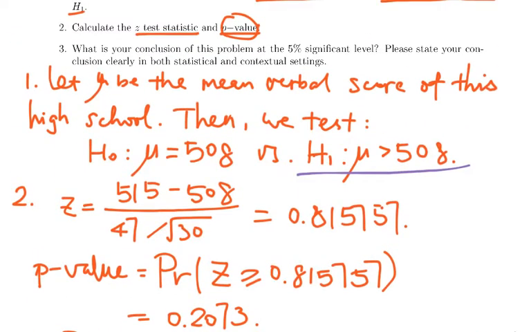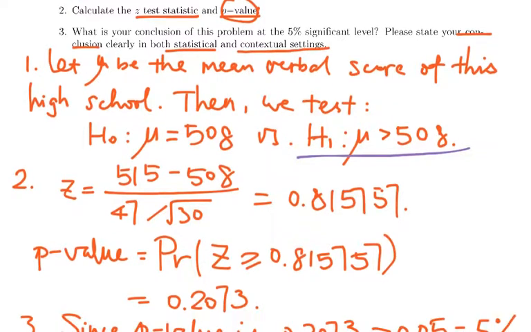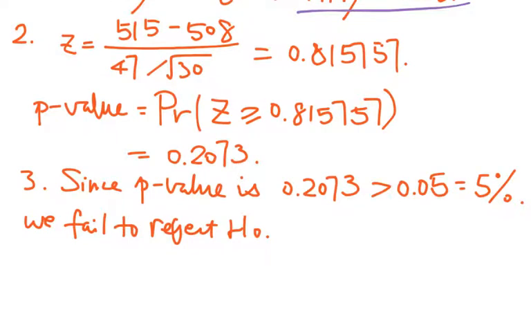But from the problem, we notice that we need to state the conclusion clearly in both statistical and contextual settings. So the first part here, we fail to reject H0, is the statistical setting.